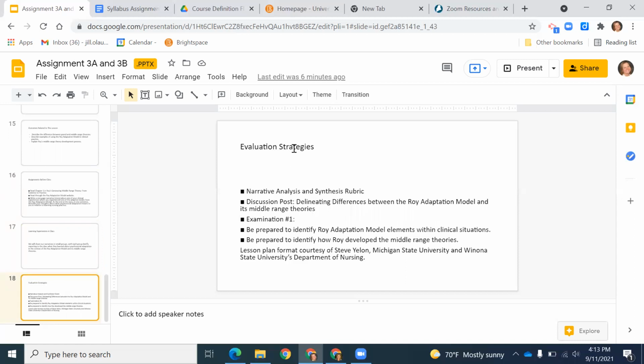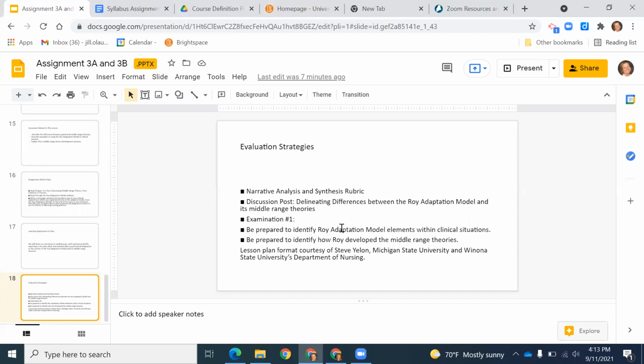And then how are you going to evaluate learning? So in this one, they say there's a narrative analysis and synthesis rubric. So they will use a rubric to evaluate learning. There's going to be a discussion. There's going to be an exam. This might be a clinical course.